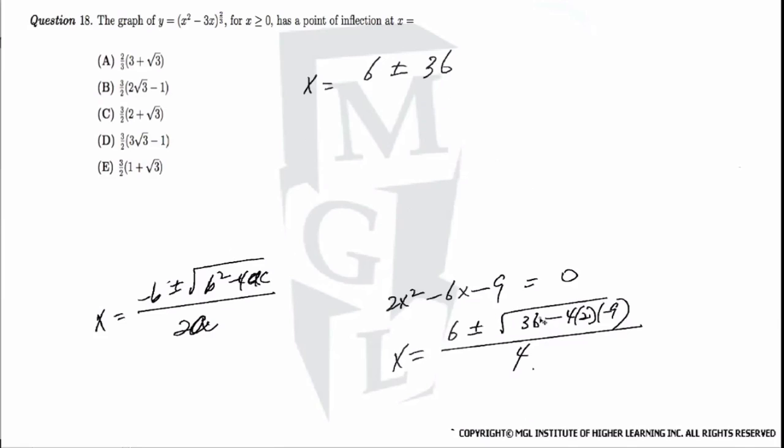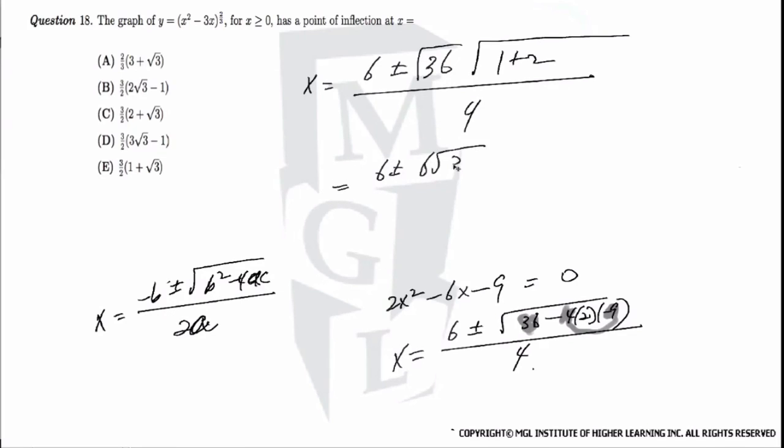So look, there's 36 here, but also 4 times 9 is 36 also. So I can factor that out. And I get 1 plus 2. That's 6 plus minus 6 root 3 all over 4. Divide top and bottom by 2.